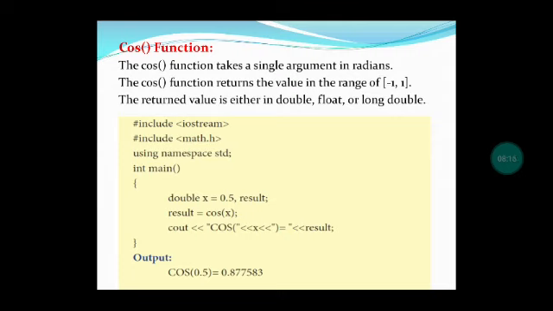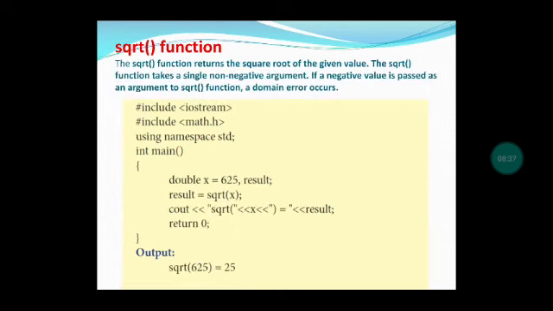In this example, double x equal 0.5 has been given and we are going to find cos of x, that is cos of 0.5. The result will be cos of 0.5 equal to 0.877583. We got the output for the cos function. The next function is the square root function.